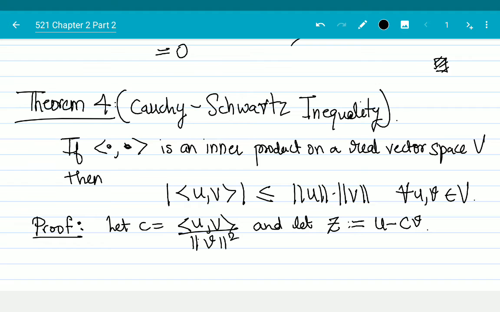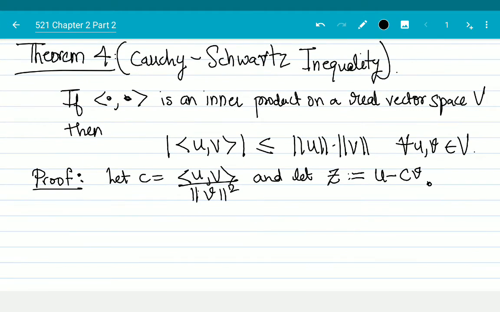Okay, which is then from the previous proposition orthogonal to V.